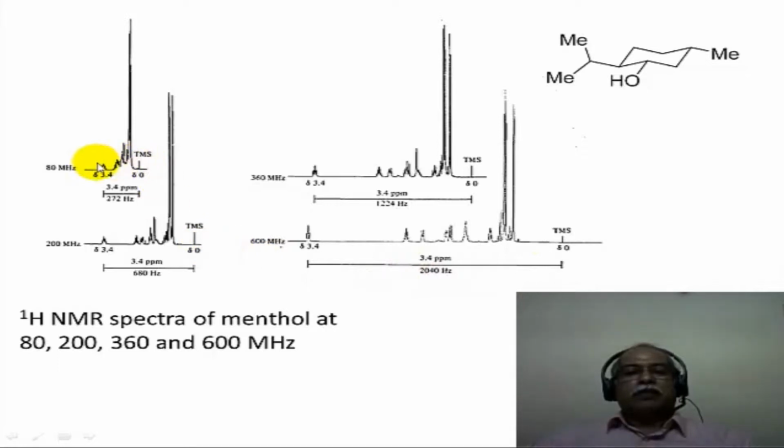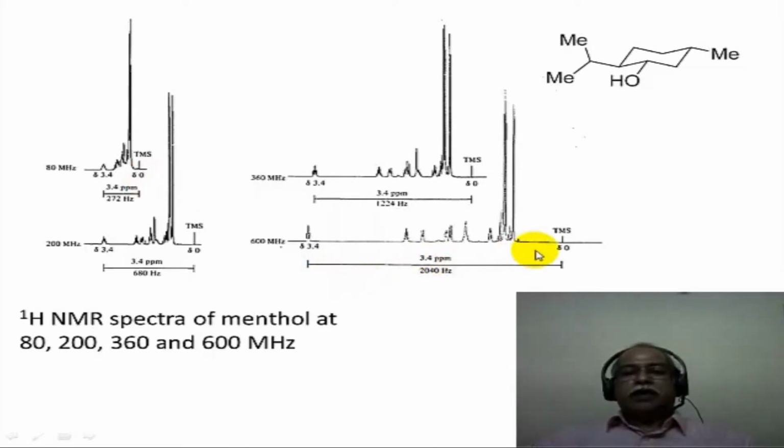As you go from 80 to 600 MHz NMR spectrum, you can see for the same chemical shift width expressed in parts per million, the spectral width is much larger here. For example, a 3.4 ppm spectral width is about 272 Hz in the case of the 80 MHz NMR spectrum. The same spectral width of 3.4 ppm is about 2040 Hz in the case of a 600 MHz NMR spectrum.